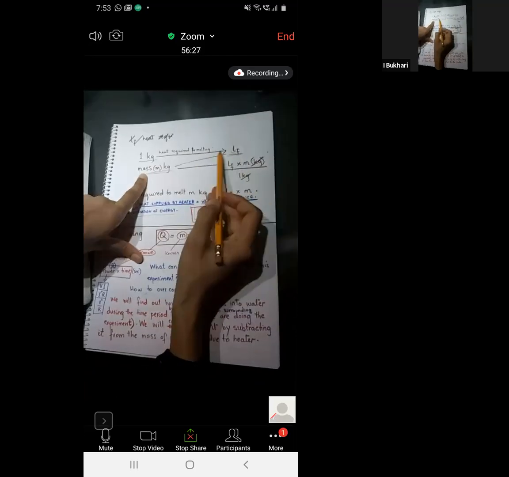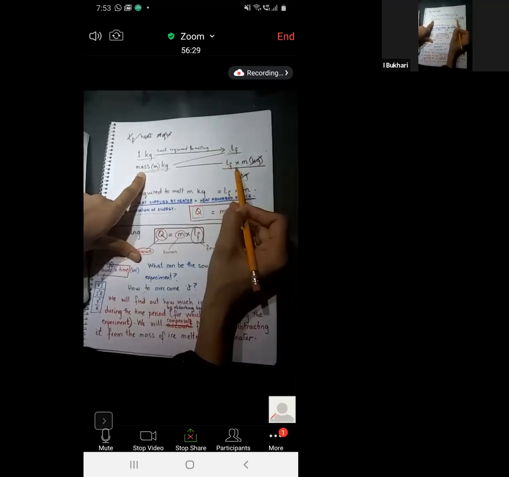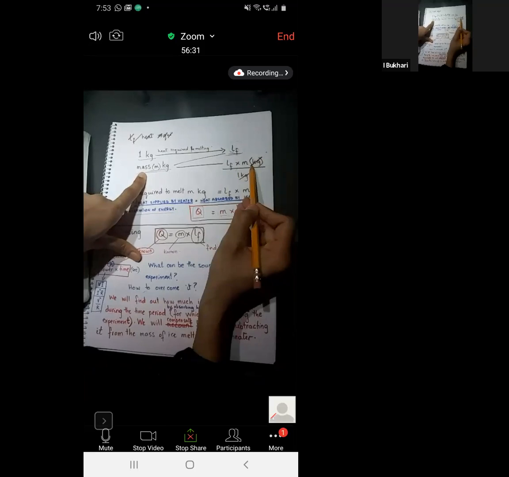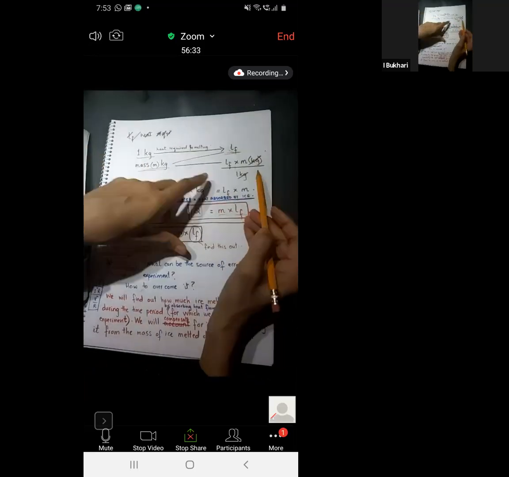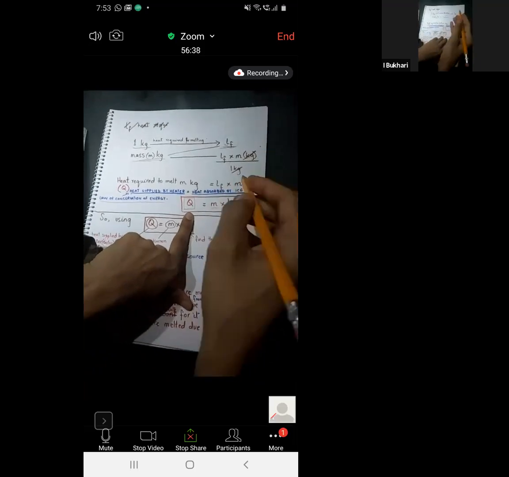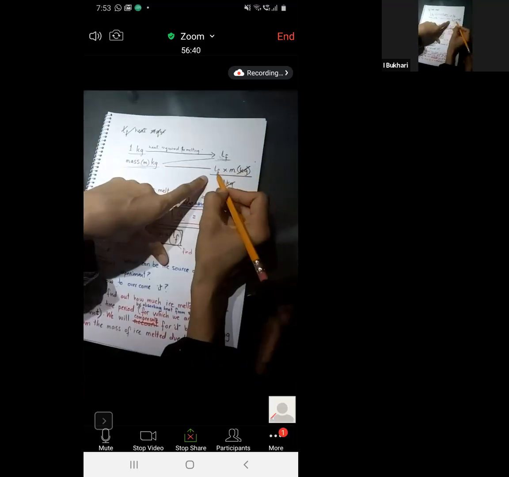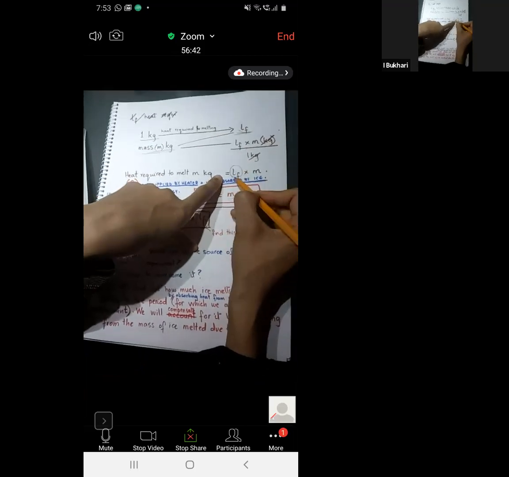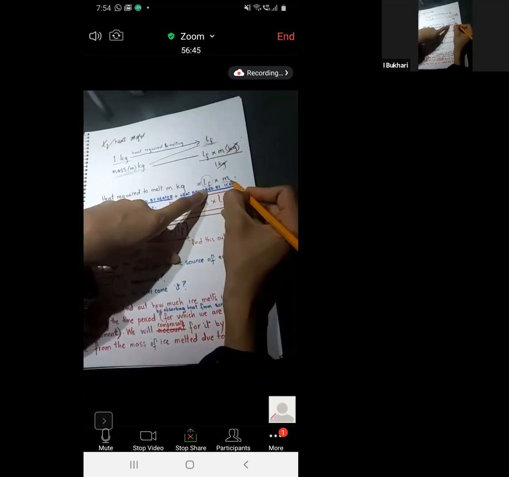I will cross multiply specific latent heat of fusion with mass, and I divide it by 1 kilogram. So kilogram and kilogram get canceled. What I'm left with is this, specific latent heat of fusion multiplied by mass.